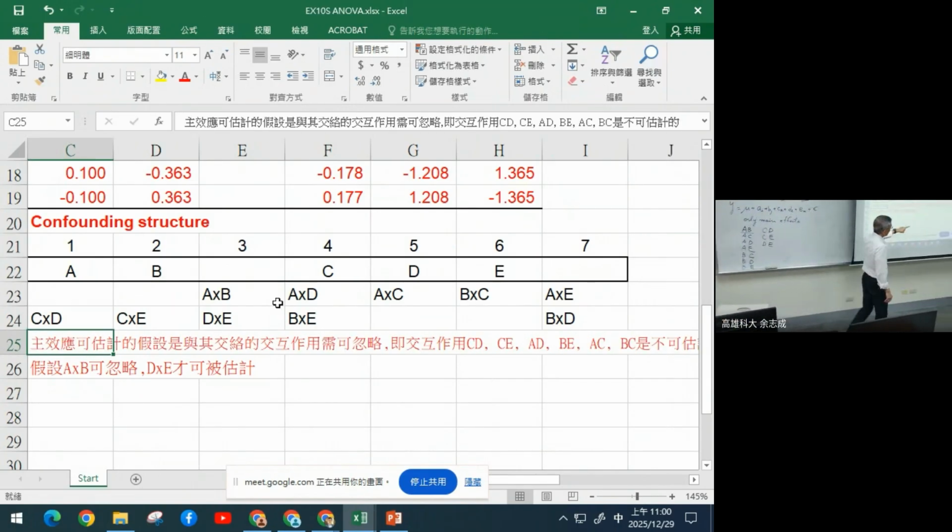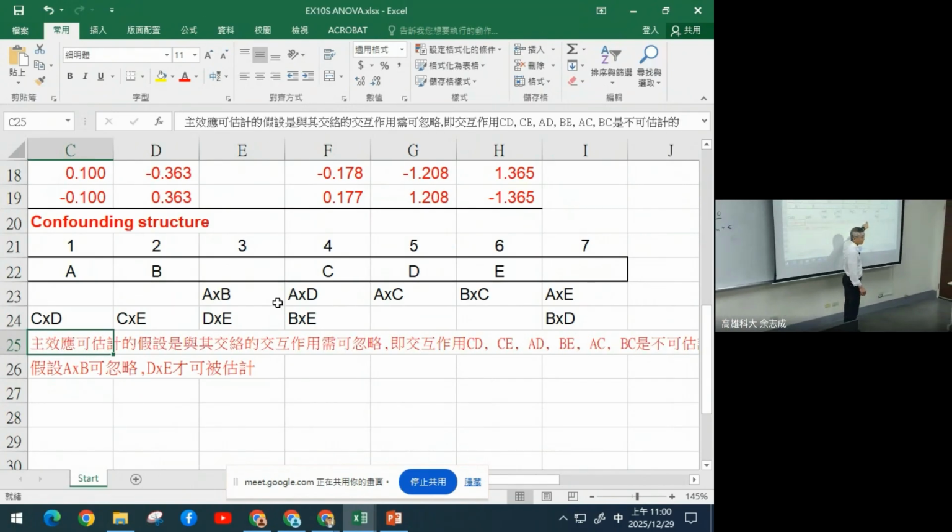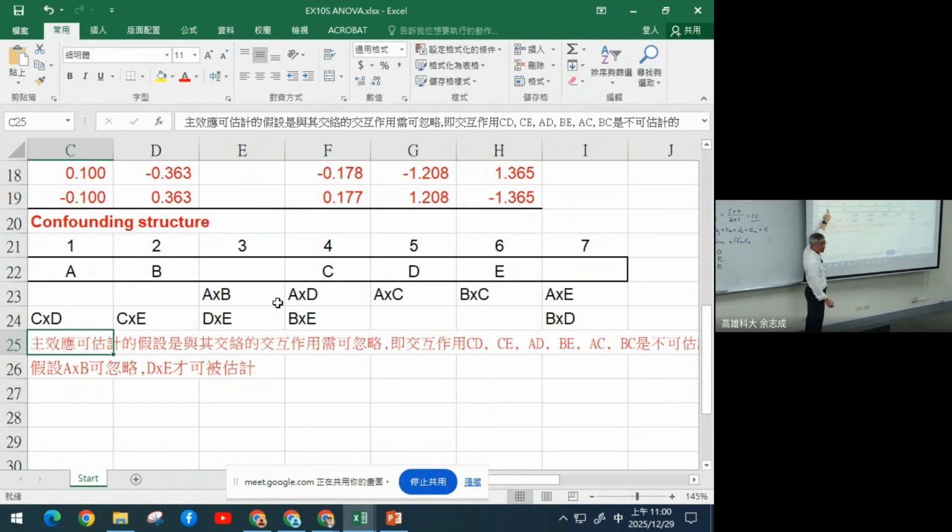When you estimate the interaction effect for CD, which means that CD is confounded with A, your sum of squares due to CD will be mixed with the sum of squares due to A. They cannot be separated. Okay, they cannot be separated.